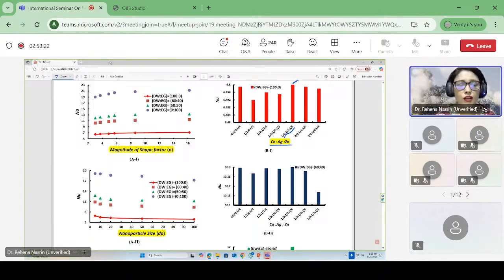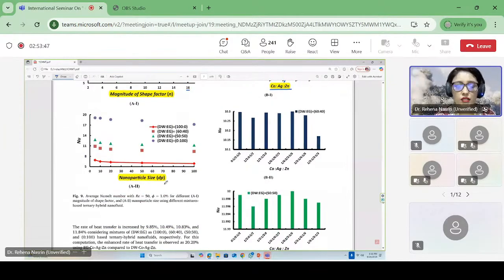We also conducted an analysis for shape factor, and here we get that higher values of heat transfer rate occurred when we use linear shape. The value of n equal to 16 represents a linear shape nanoparticle.